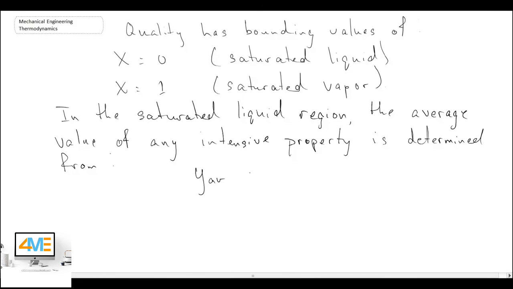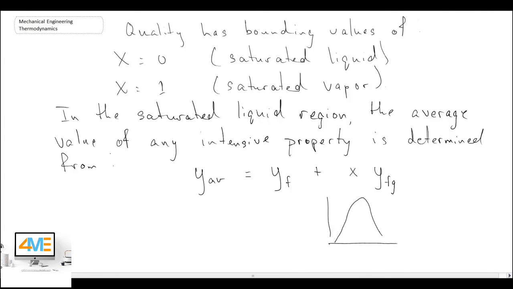So we're calculating the average value of a property. It's going to be the liquid property plus the quality times the difference between your saturated vapor and the saturated liquid property. And that's why we present the difference in the charts. And so with that, you can evaluate the properties at a point somewhere in the middle.